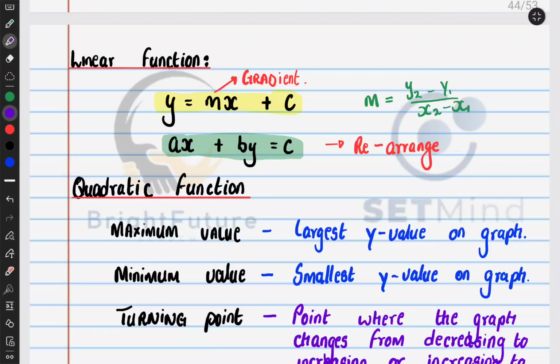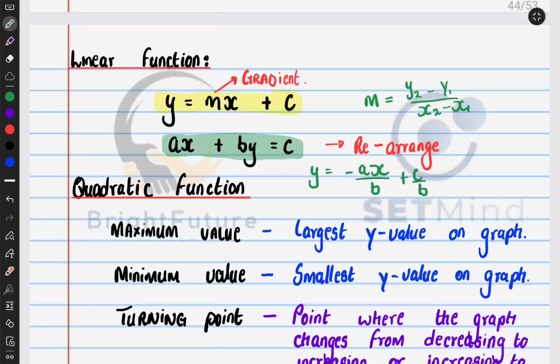So let's say we rearrange this one, we're going to have y is equal to negative a over p x plus c over p.